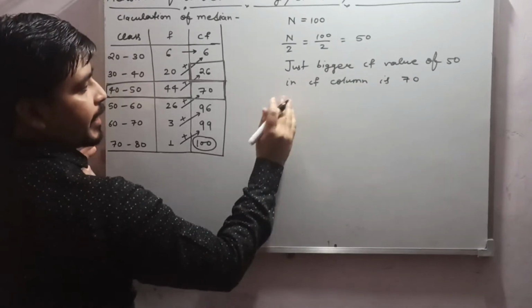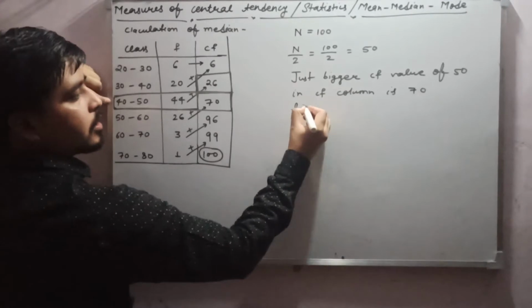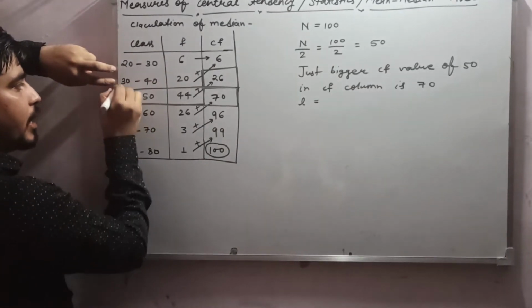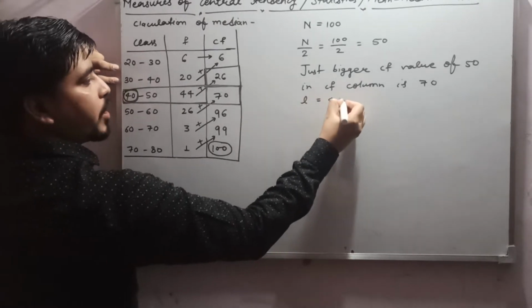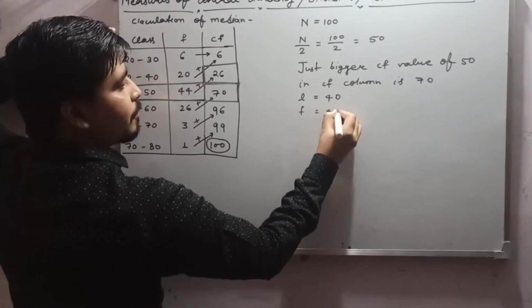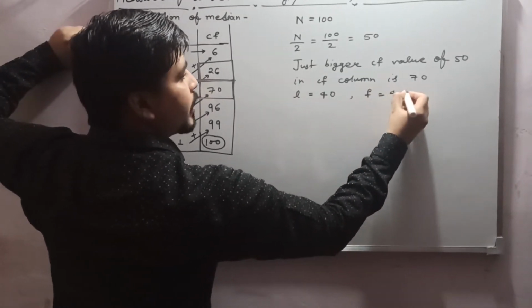Now we will write the values. First, L. L is the lowest value of the class. This is your L, so L is 40. Then f. In this column, f is 44. We write f is equal to 44.